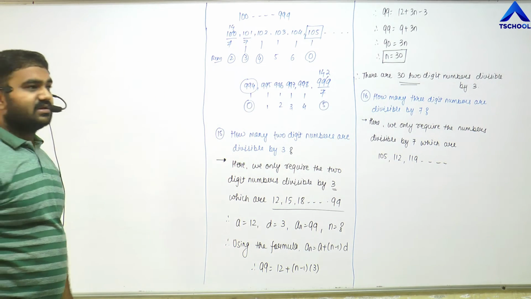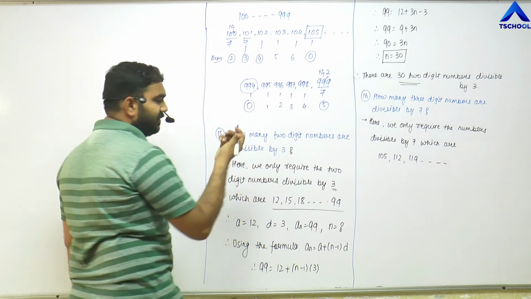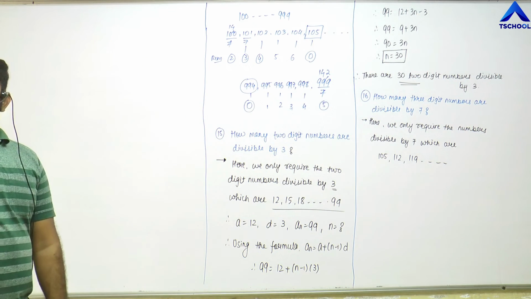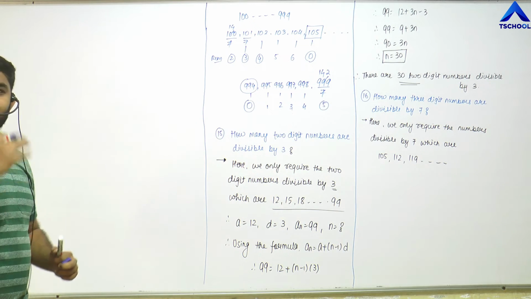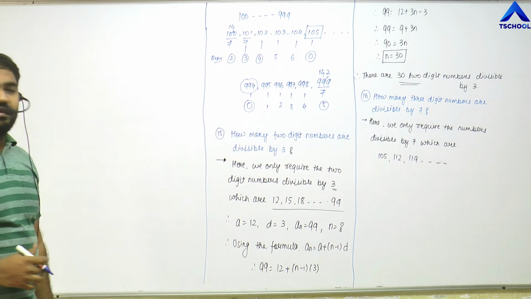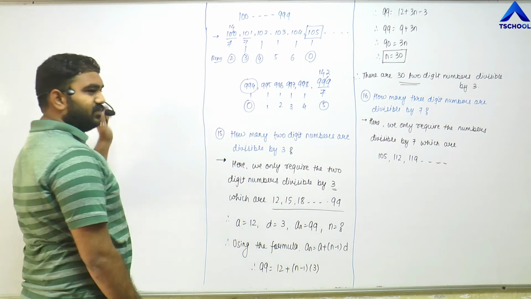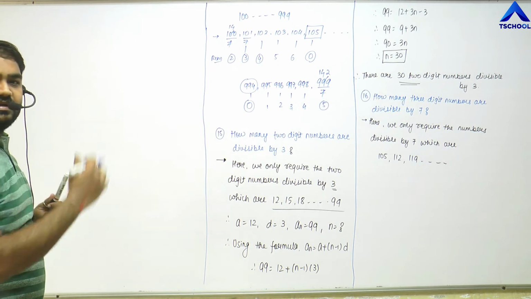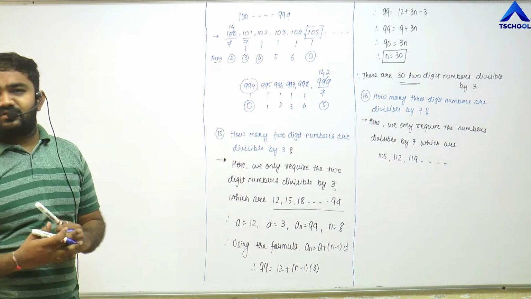See, here the remainders were in increasing order, now here they will be in decreasing order, right? Because the numbers are decreasing. In the first case they were increasing, in the second case they are decreasing. Here, 100, 101, 102 and up to 105, the numbers were increasing, so the remainders are also going to increase. You can check it by yourself.